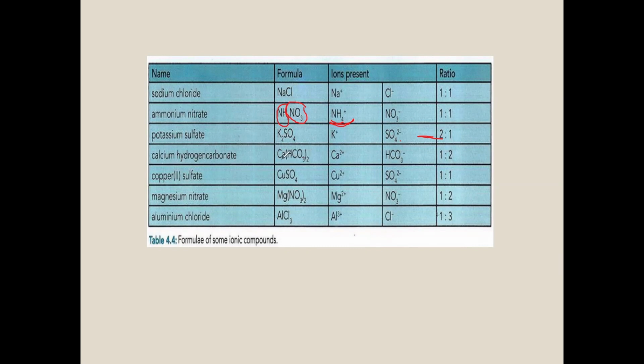So 1 calcium to 2 hydrogen carbonate, and these are the ions. Copper sulfate, 1 copper to 1 sulfate. This is the ratio. Magnesium nitrate, 1 magnesium to 2 nitrates, 1 to 2. Aluminum chloride, 1 aluminum to 3 chlorides, 1 to 3.